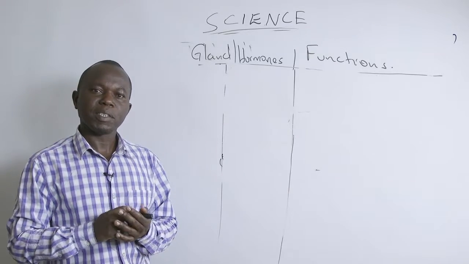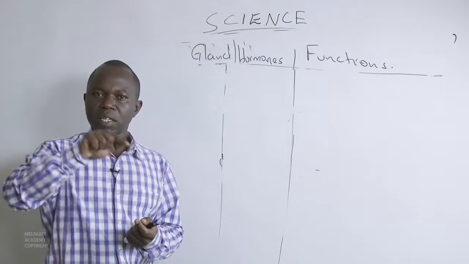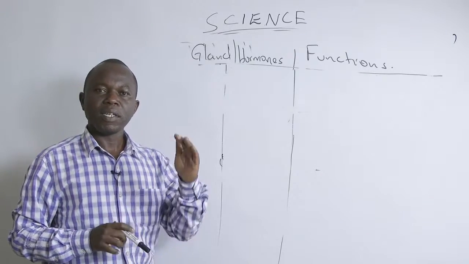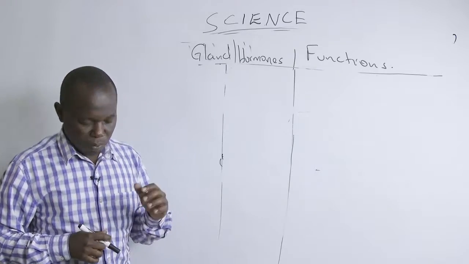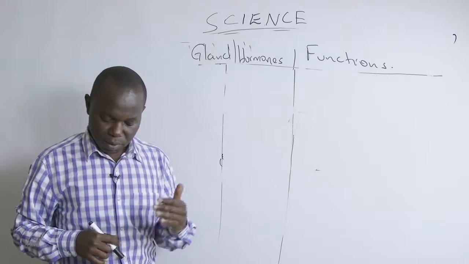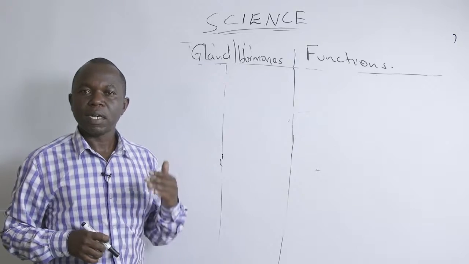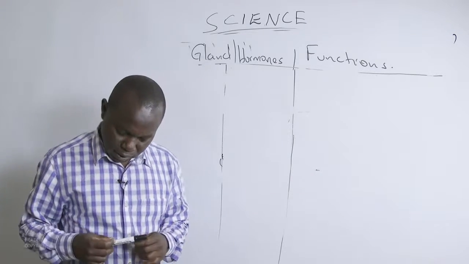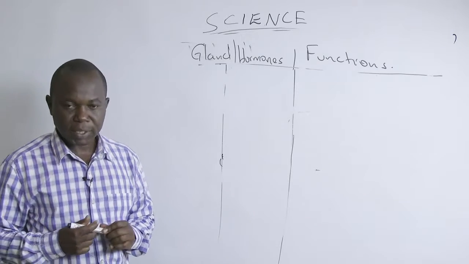It's a master gland because it is controlling activities of other glands. We had looked at several: the pituitary gland, adrenal gland, thyroid gland, pancreas, and then ovaries.